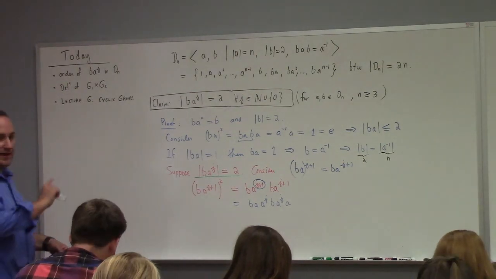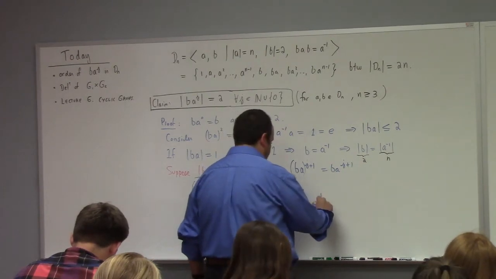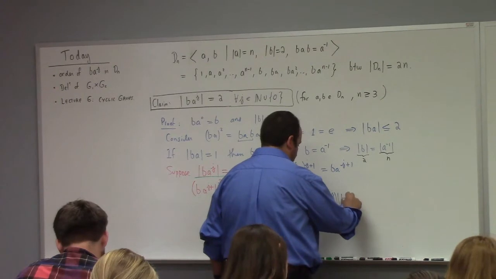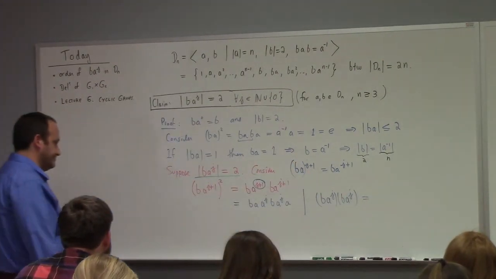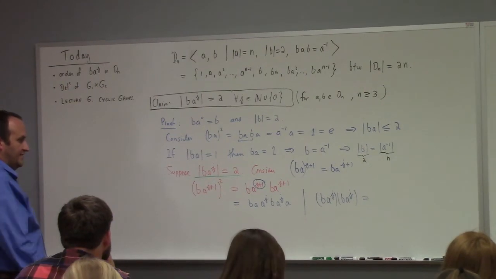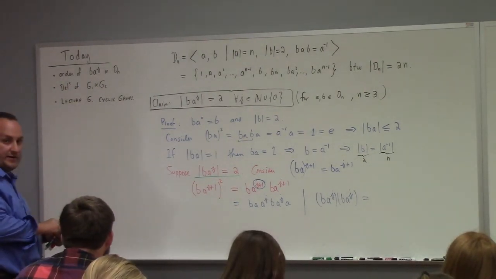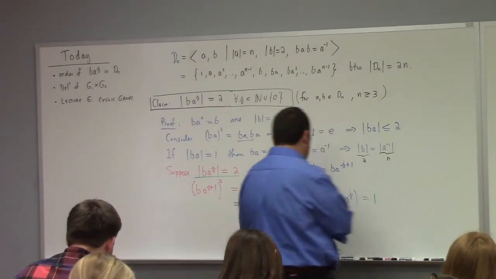Maybe, but I can point out something. I need a side calculation here. We know that BA to the J times BA to the J is equal to what? By assumption, by the induction hypothesis, that's equal to 1, right? And let's see here.